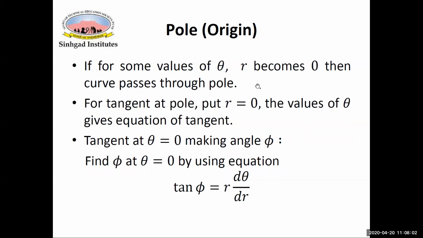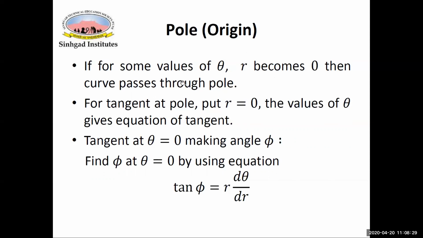For r equal to sine theta plus cos theta, it will not pass through the pole. Why? Because sine and cos cannot be 0 simultaneously. So, identify the value of theta for which r becomes 0, and the conclusion is that it passes through the pole if such a value of theta exists.